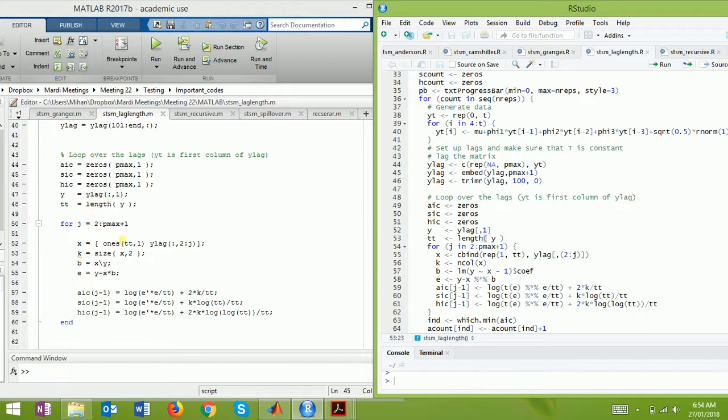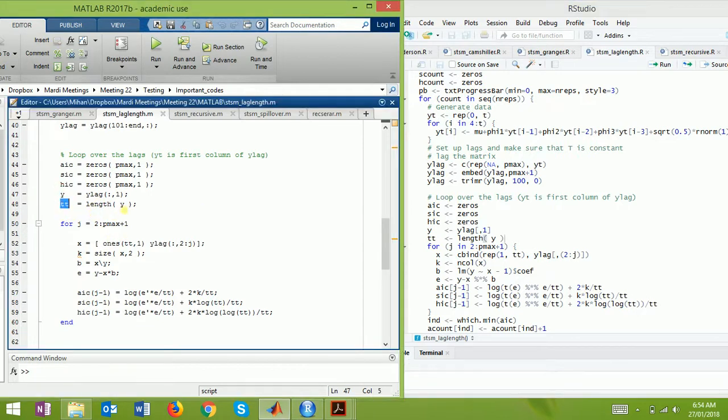X, Schwarz, Hannan, y, length of y is equal to p max plus 1, x, y, k, and then a regular regression and the residual. With that we do log of e squared divided by t, which is omega, basically. Yeah, omega.